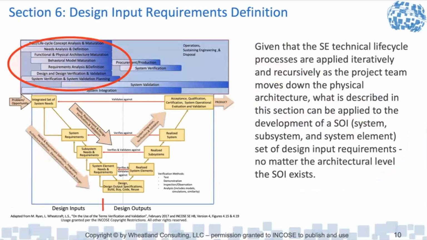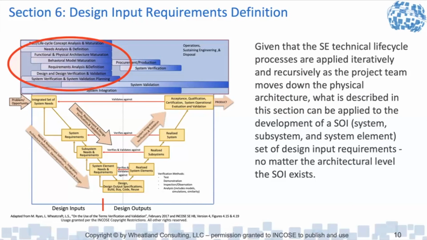Another thing from the Needs and Requirements Manual that we stress is that even though we have this section on design input requirements definition, systems engineering is an iterative and recursive process, and a lot of the technical processes are intended to be done concurrently. And so even while we're doing the upfront processes of lifecycle concept analysis, maturation, needs analysis, definition, we're doing modeling.